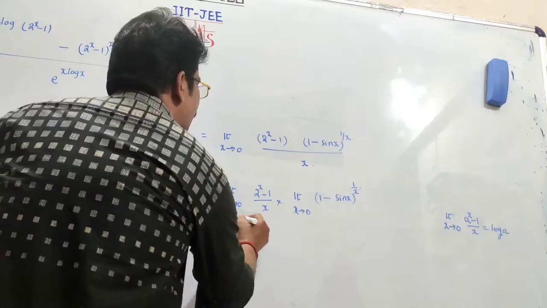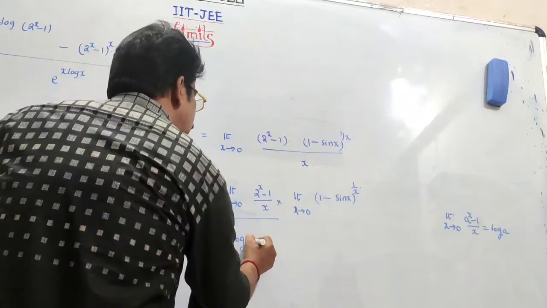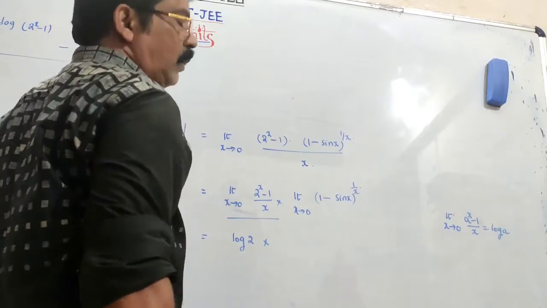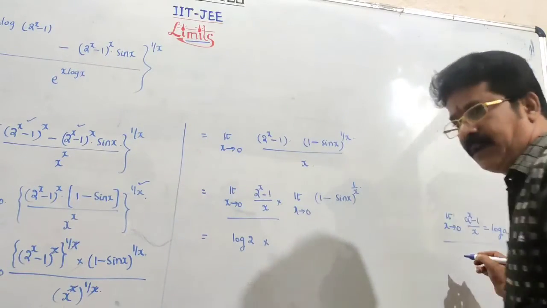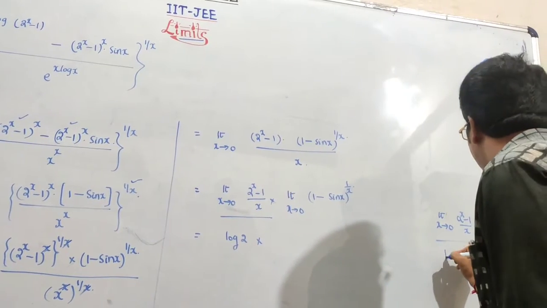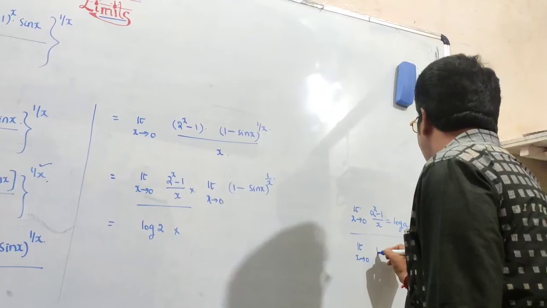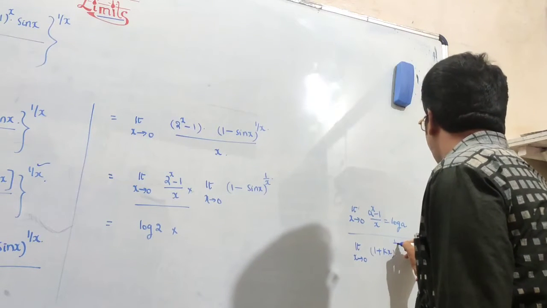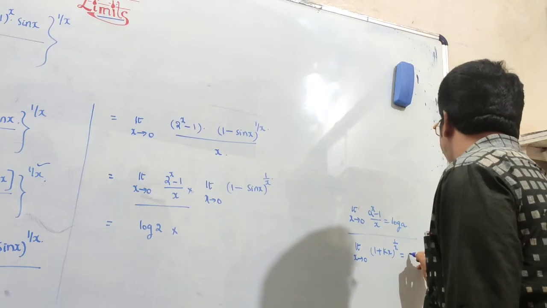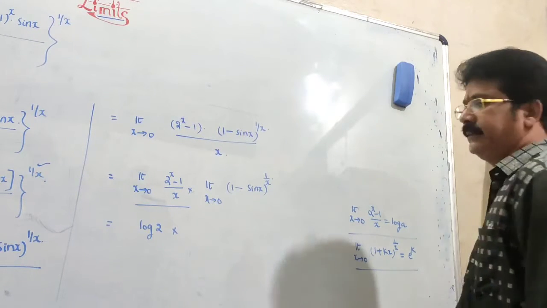Okay, this product or this value is simply log 2 into, already I said another formula, limit x tends to 0 of (1 plus kx) whole to the power of 1 by x is equal to e power k. I said like that.